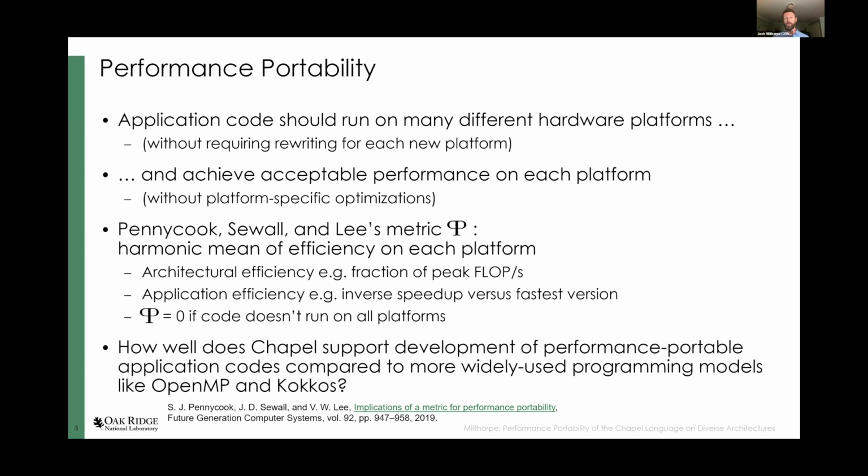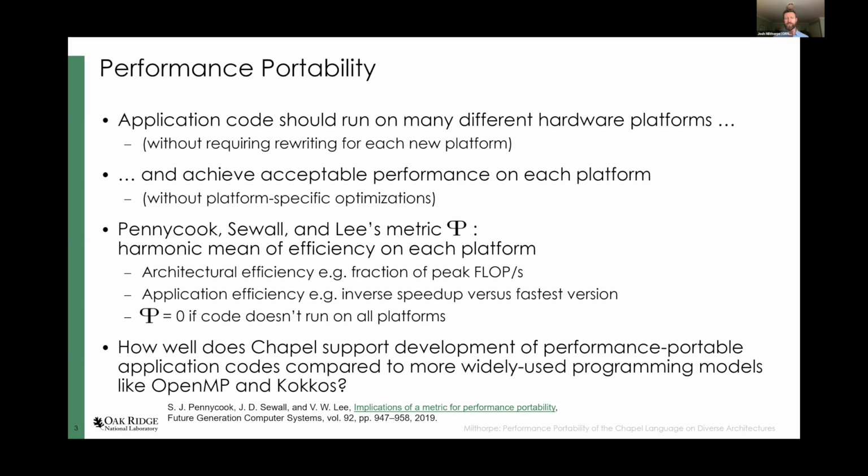So in characterizing performance portability, we're going to use a metric that is due to Pennycook, Sewell and Lee, this double P metric, which is essentially the harmonic mean of efficiency on each platform. What is efficiency? You can measure it in two different ways. One is called architectural efficiency. You can take a figure like, say, the vendor's reported peak flops for the platform, how many teraflops they think their GPU should get, and then you can measure what fraction of the peak flops you actually achieved on your application.